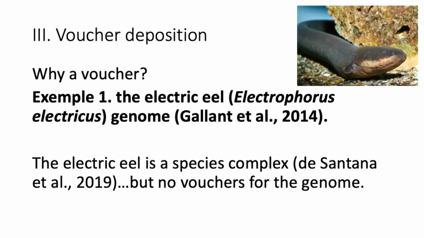One example why it could be important is the example of the electrical eel genome that was published in 2014. A couple of years later, it was shown that this species is actually a species complex. Unfortunately, no vouchers were kept for the genome, so it's very difficult to know what was actually sequenced in 2014.